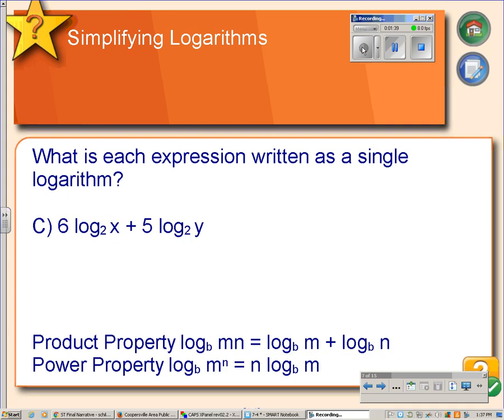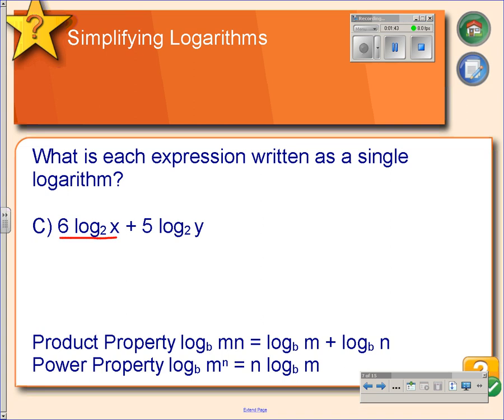This example shows 2 different properties. Looking at this first logarithm, that is showing the power property. So it looks like this. We want to take the coefficient and move it into the exponent position. So this becomes log base 2 of x to the 6th.